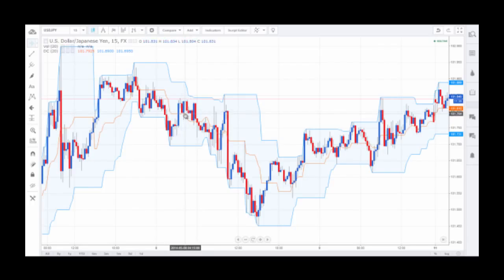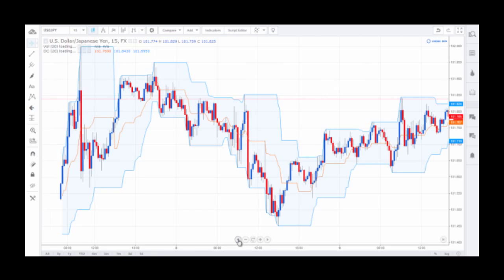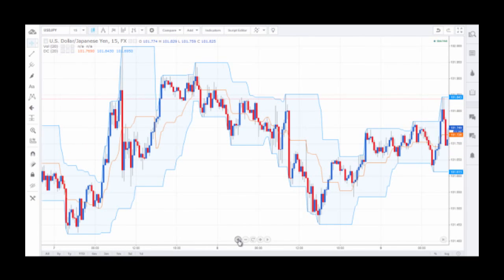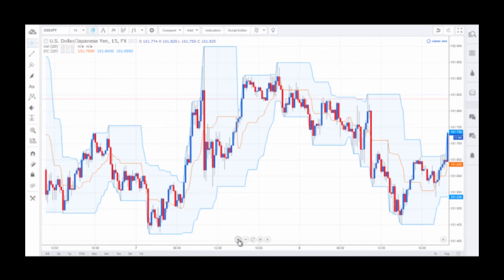And as you can see, we would have expired in the money also in this trade, and it is very mechanical when you trade with Donchian channels, because the only setups that you will look for are corrections above the middle line on a downtrend, and then bearish patterns that give you a signal to buy puts.